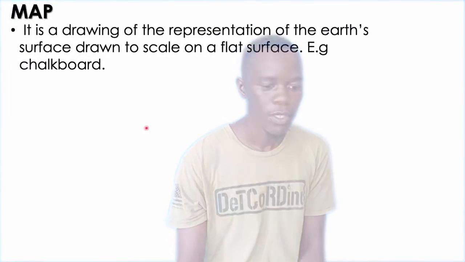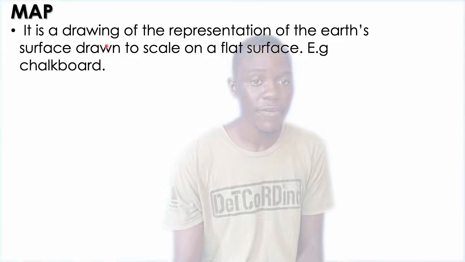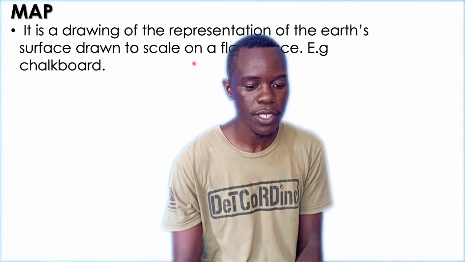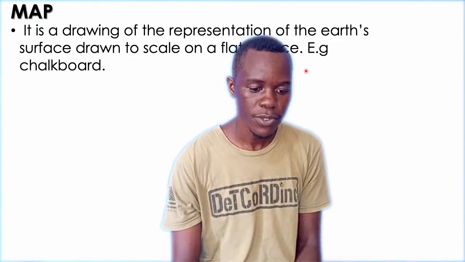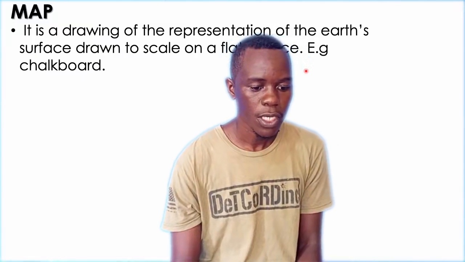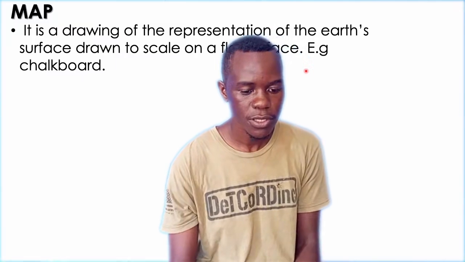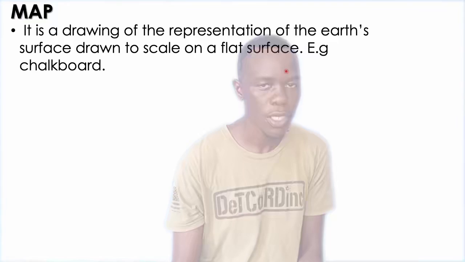So let's begin by defining the term map. What is a map? In simple terms, we can define a map as a drawing or representation of the Earth's surface drawn to a scale on a flat surface. In other words, a map can be drawn on a piece of paper, or in other ways can be drawn on a chalkboard.